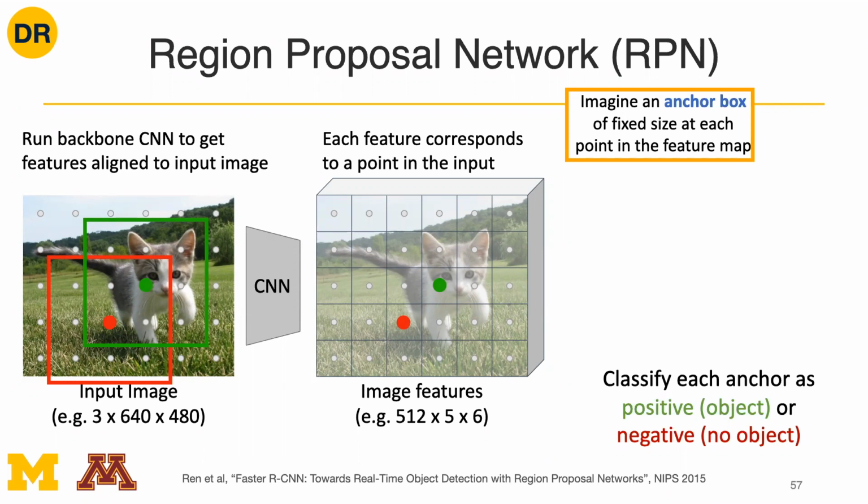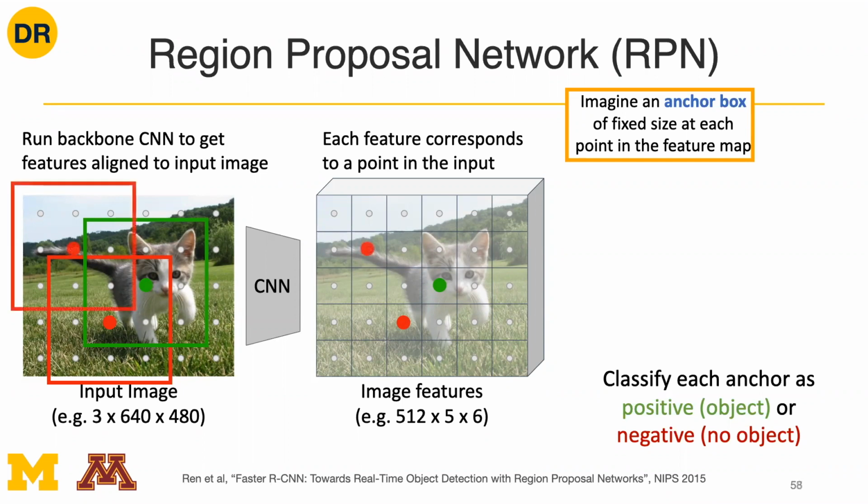You can figure out an anchor box based off of maybe the downsampling, to say that these are a fixed number of anchor boxes for every cell in the feature map that I can classify as whether it has an object or not. So you'll see some examples that might clear that up.